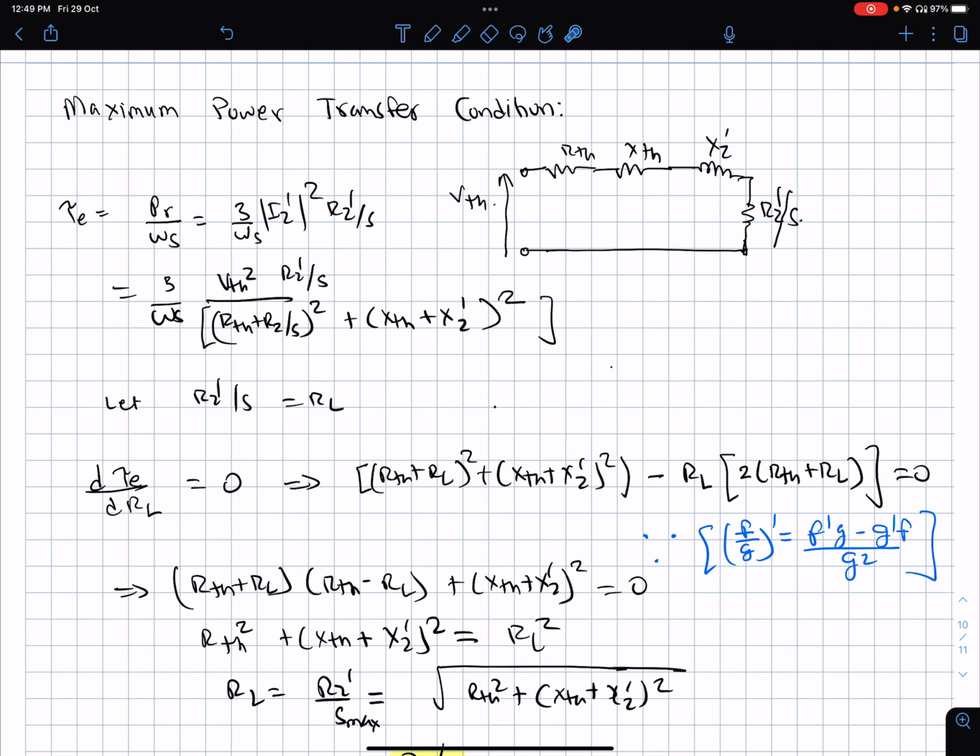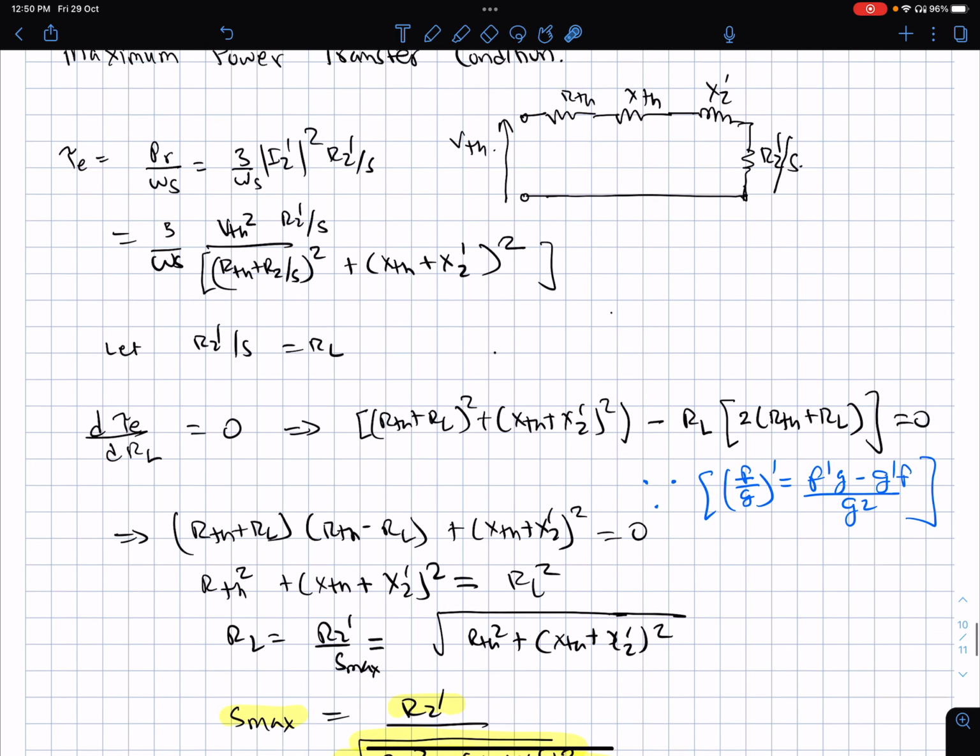So F dash times G means, just plug in the denominator here, minus F times G dash, so F becomes just RL, and take the derivative with RL here, so this term will not play any role, and this term will become 2 times R Thevenin plus RL into derivative of RL with RL, which is unity. So the chain rule will give you this should be set to 0.